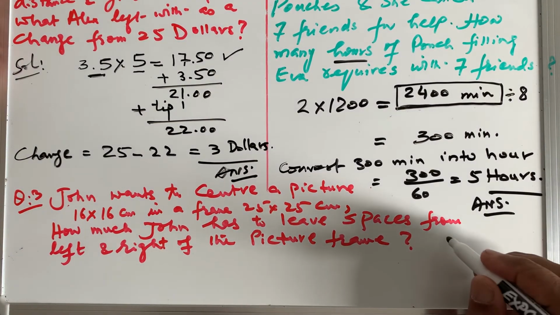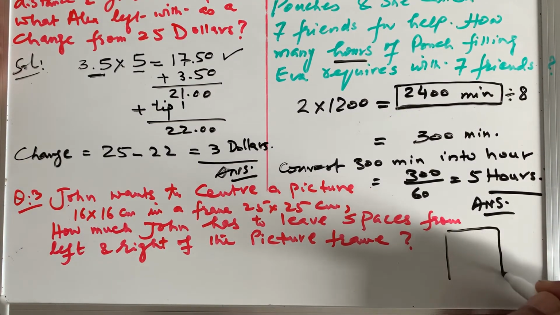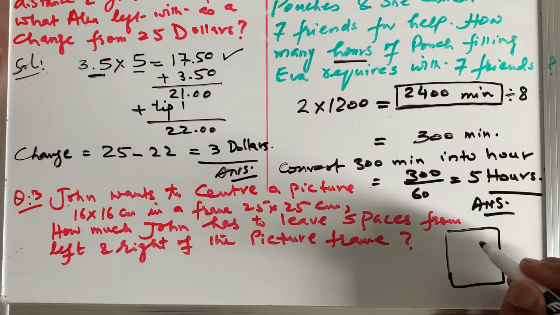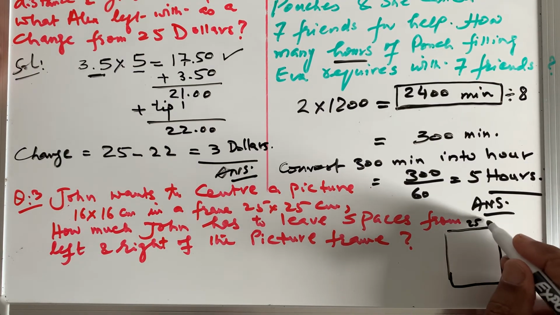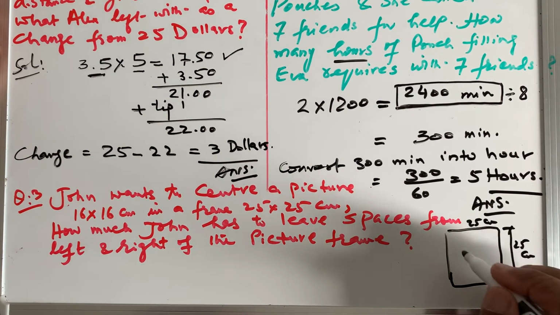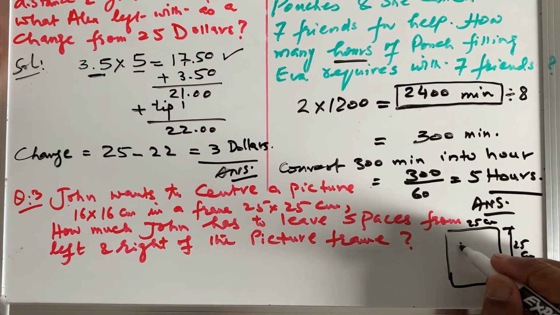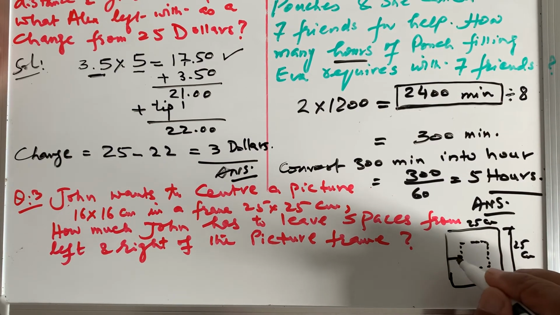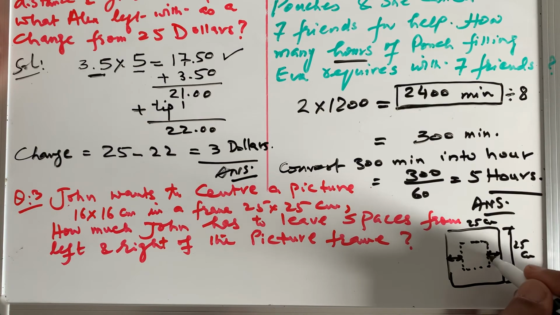So this is your picture frame, which is given, and the question says that it is 25 by 25 centimeter. This is also 25, so it's a square, right? And his picture is 16 by 16. So he has to check, if he centers the picture, how much space he has to leave from left and right.